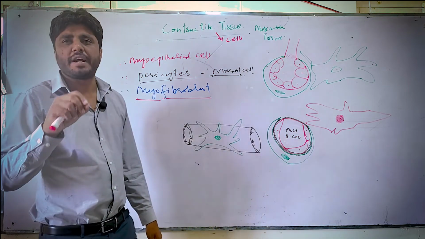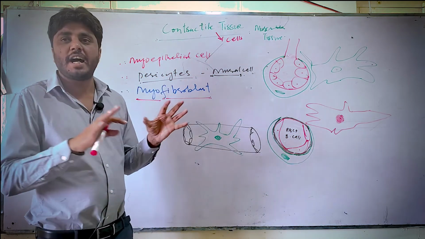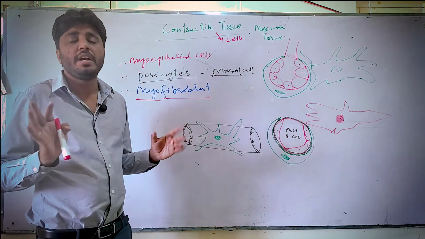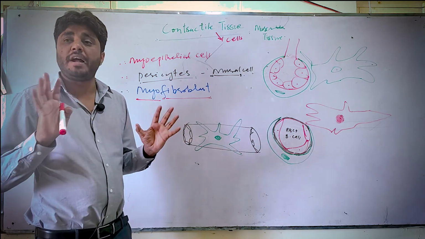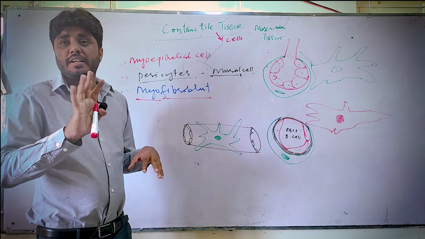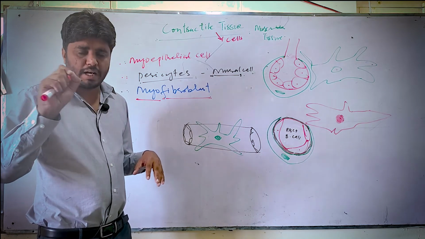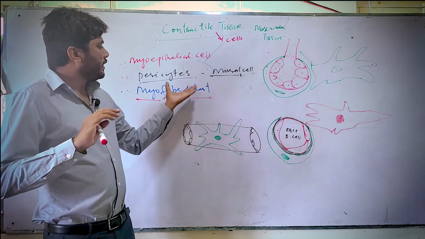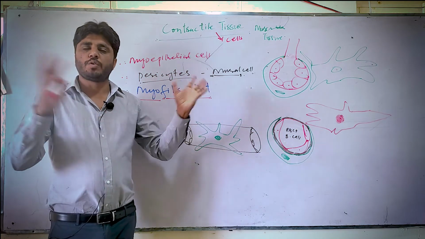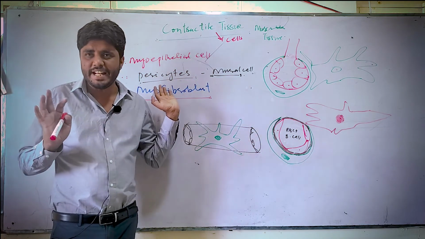At the same time, because a population of pericytes is located in the central nervous system, they are believed to play a role in the maintenance of the blood-brain barrier.